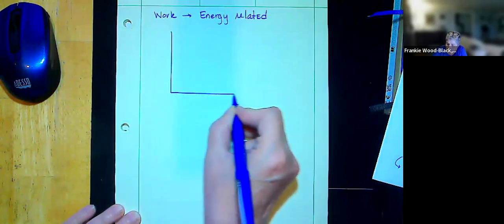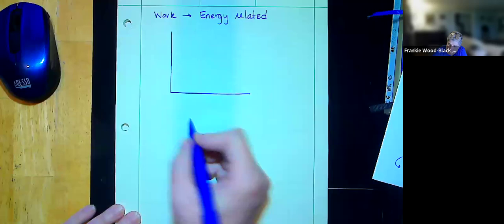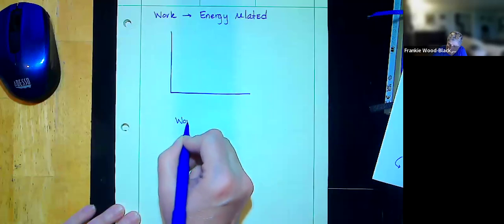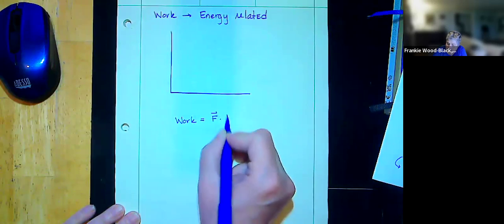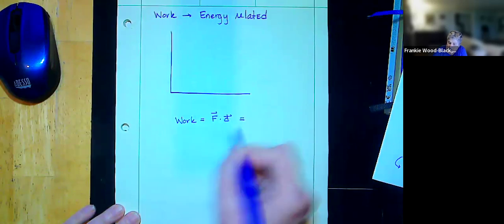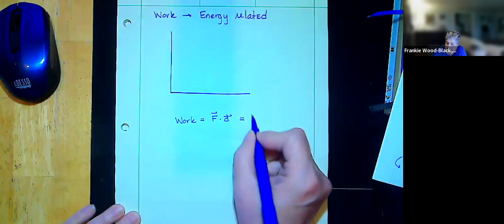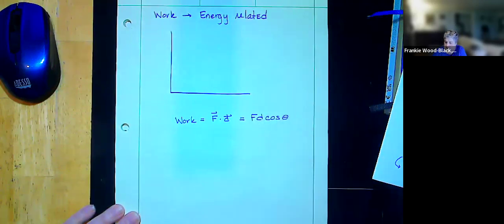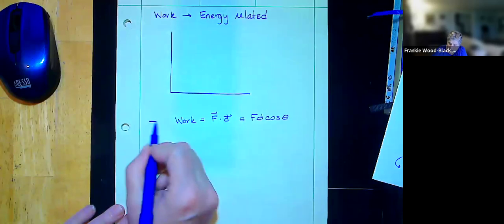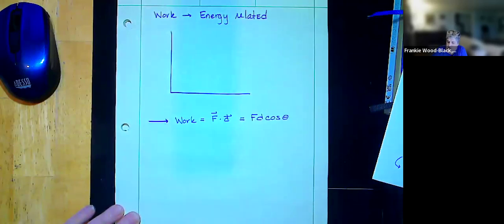We looked at the idea that work was the scalar product of force and a distance, and if I looked at the magnitude, that was F cosine of my angle. So that's one approach to work.